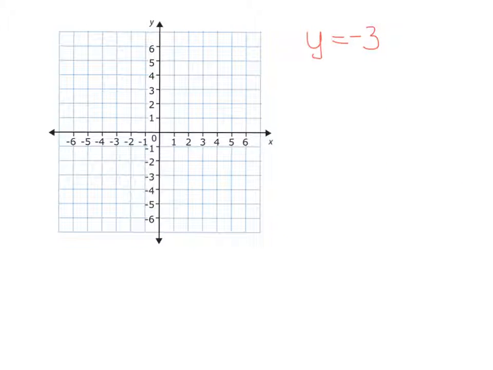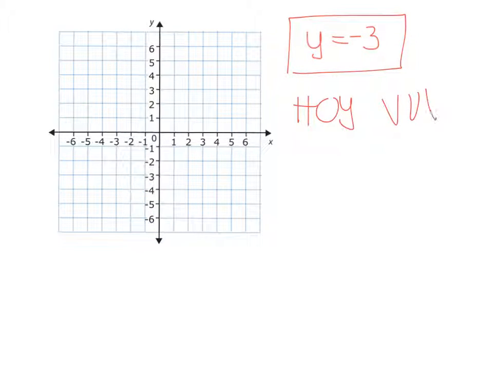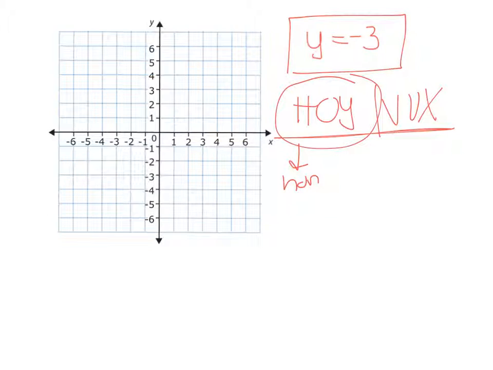Now I'm going to graph the equation y equals -3. So notice that there's no x in this equation. So right away, if it just says y equals a number, we've got to think of our Hoy and Vux. And you're just going to have to know when to start thinking about Hoy and Vux. So this problem is a Hoy problem. So what does this tell me? It tells me that I'm going to have a horizontal line.